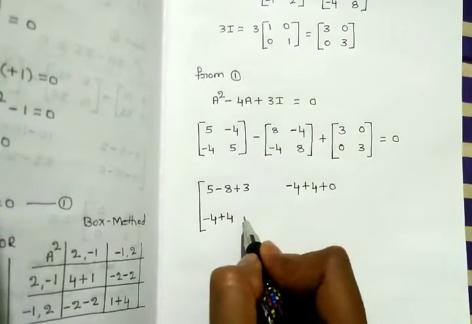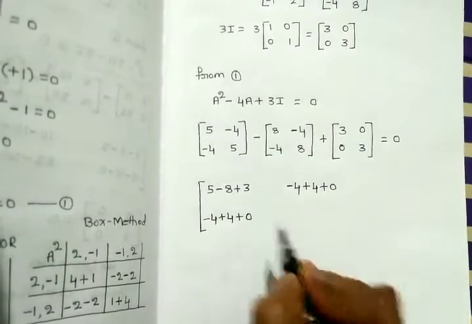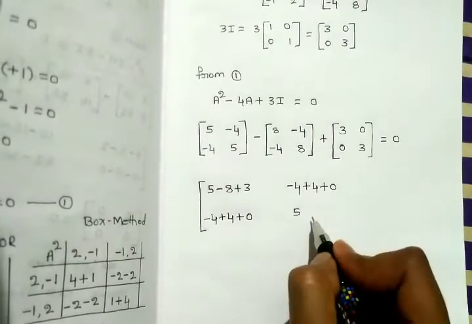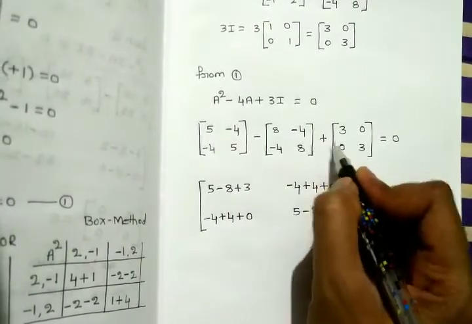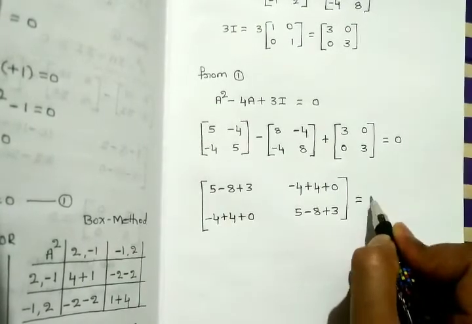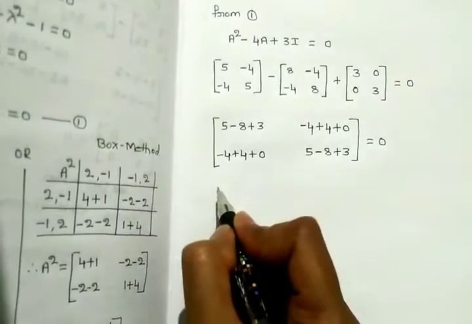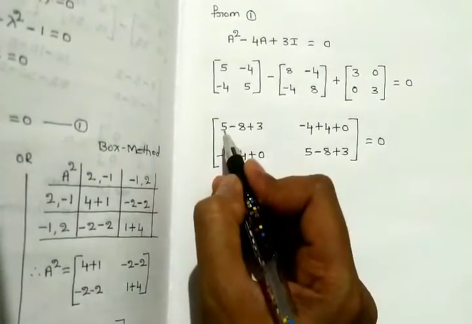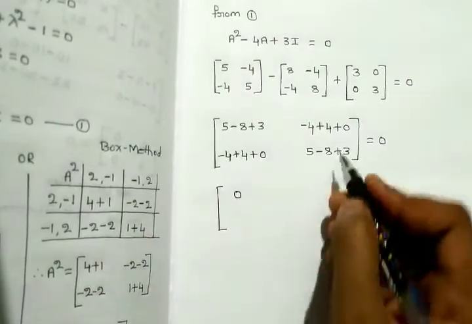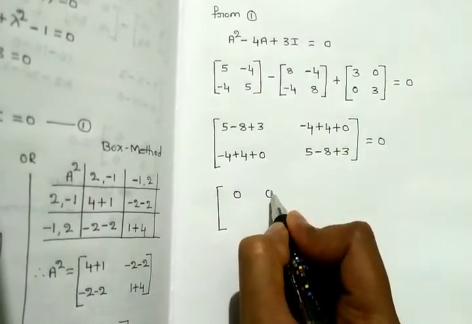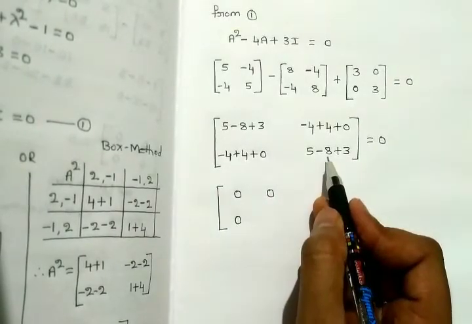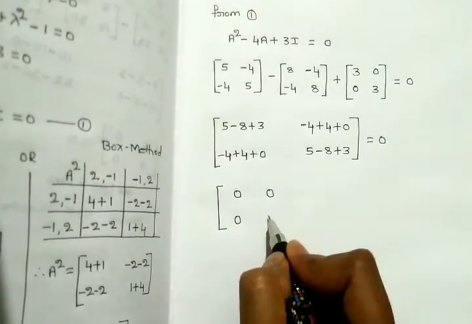Next, plus into plus is plus 0. Last element 5, minus into plus is minus 8, plus into plus is plus 3, equals 0. So now add and subtract. 5 minus 8 minus 3 plus 3, 0. Minus 4 plus 4, 0. Minus 4 plus 4, 0. 5 minus 8 is minus 3 plus 3 is 0.